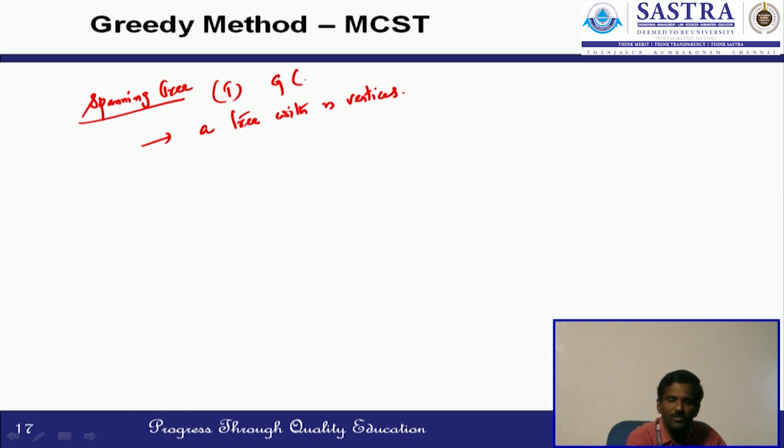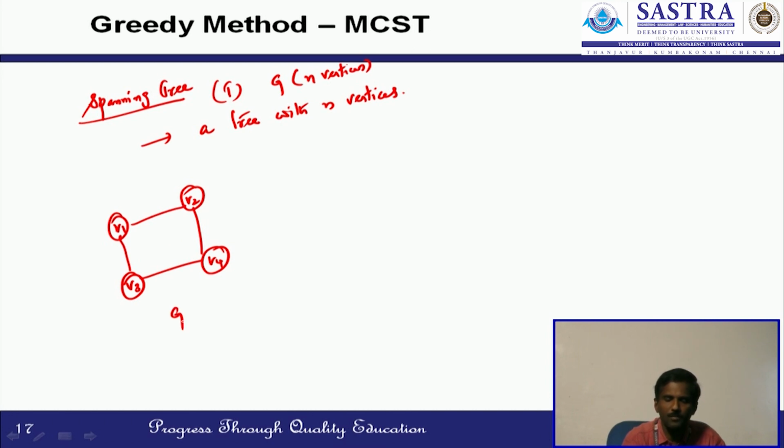Assuming that G is a graph with n vertices, its spanning tree T is clearly a tree with n vertices. For example, V1, V2, V3, V4. This is the graph. Let it be G.